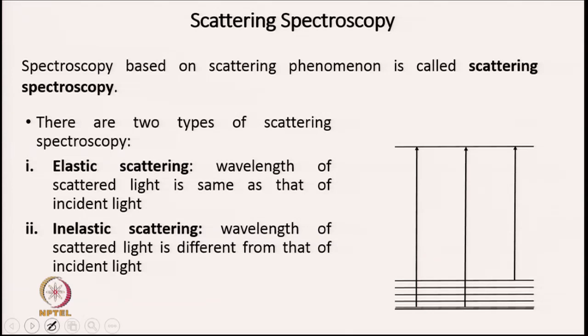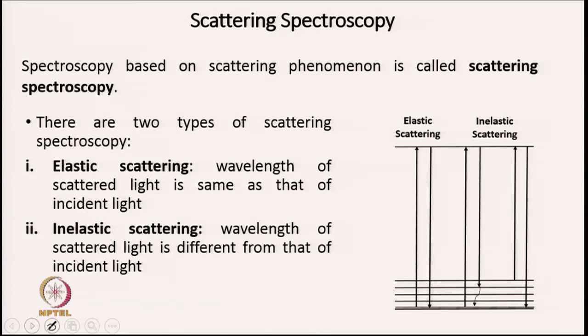One is elastic scattering, where the wavelength of the scattered light is the same as that of the incident light, and the second is inelastic scattering, where the wavelength of the scattered light is different from that of the incident light. So, this is your elastic scattering. You can see the energy gap is the same for both the incident light and the scattered light, so lambda is going to be the same for the scattered light and incident light.